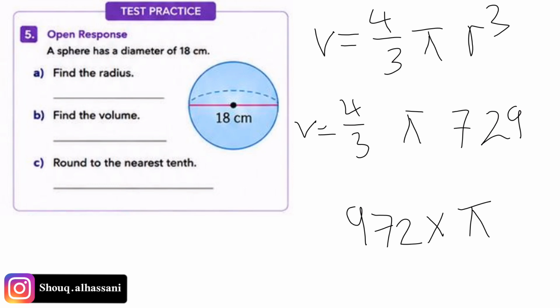The radius is 9, the volume is 3052.08, and when we round it to the nearest tenth, it will be 3052.1.